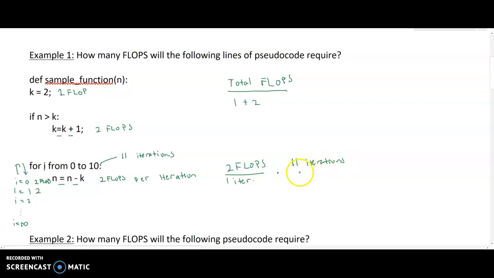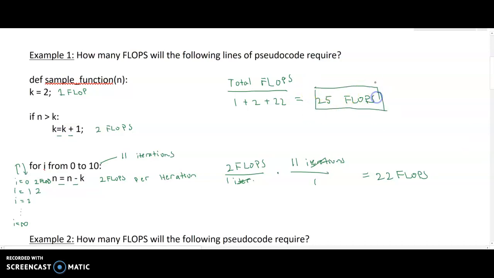When we multiply those two quantities together, we end up with units of flops. So this is going to require 22 flops in total. We had 1 flop here, 2 more flops here, and 22 flops here. When we add those together, our worst case runtime is going to be 25 flops.